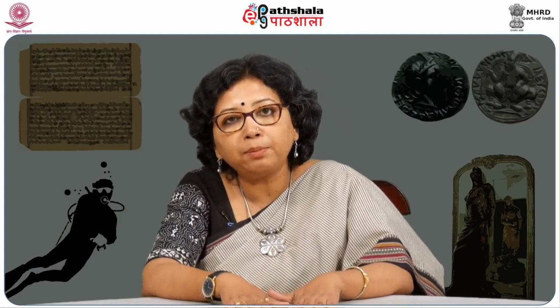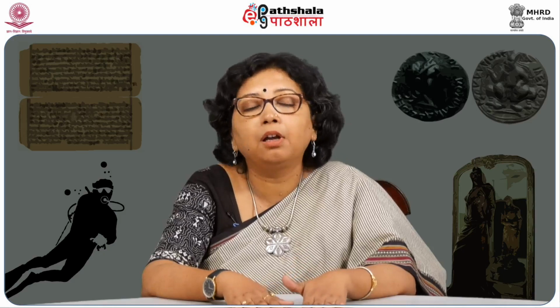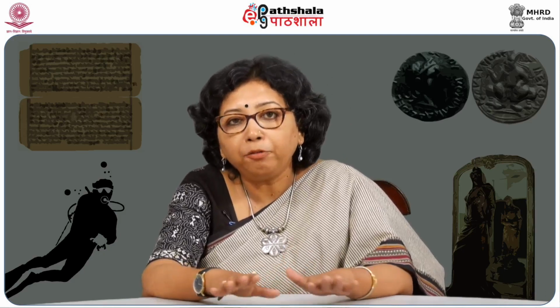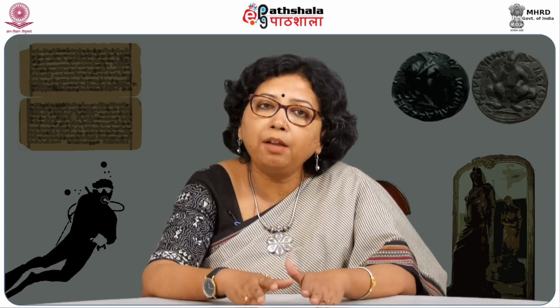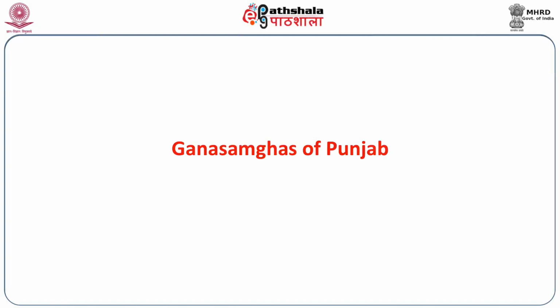Now we have talked about the foreign rulers, the Bactrian Greeks, the Indo-Greeks, and the successors of the Indo-Greeks like the Indo-Scythians, Parthians and Kushanas. Apart from these powers ruling in this part of the post-Mauryan period, we have another group of powers known as the Ganasanghas.